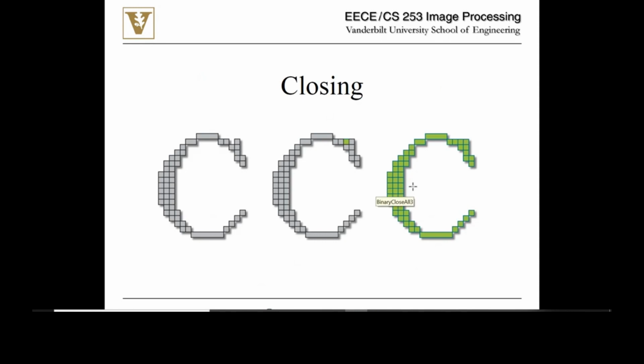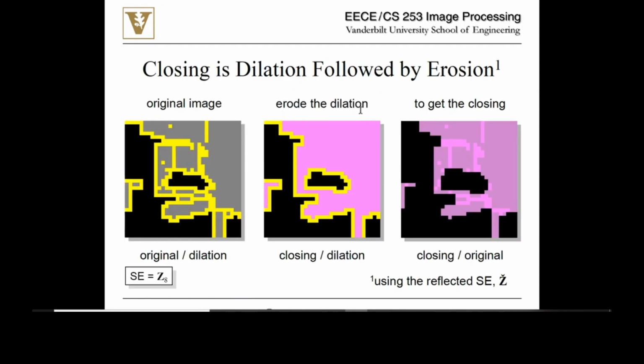And as you can see here, the closing has the effect of filling the holes of a foreground image. So you have here a hole, and then it will be filled. Here you have the original image, and then the dilated version in yellow. The dilation fills the holes, and then we erode the dilated one.